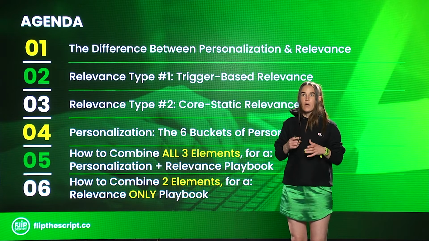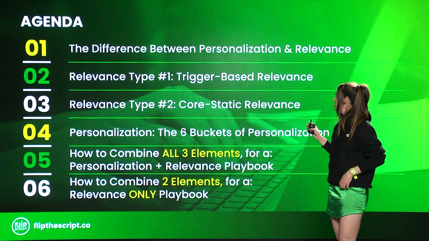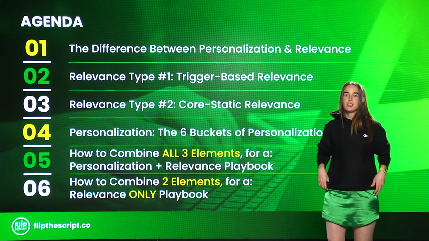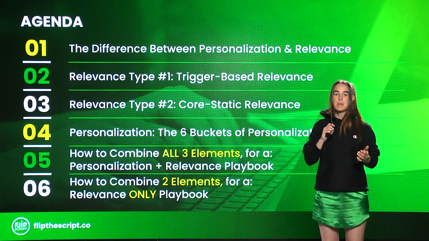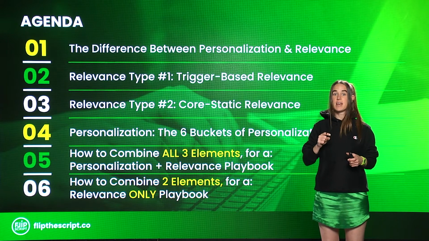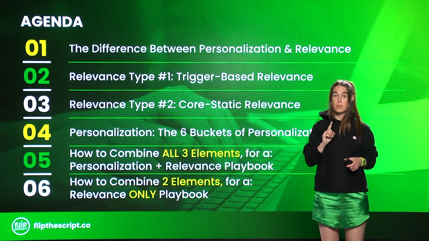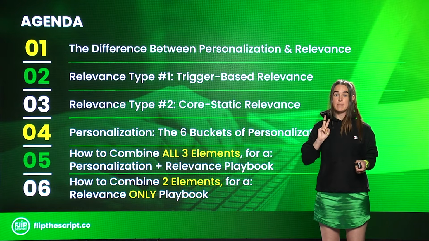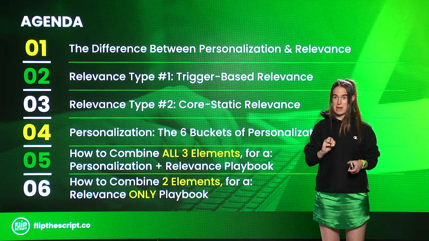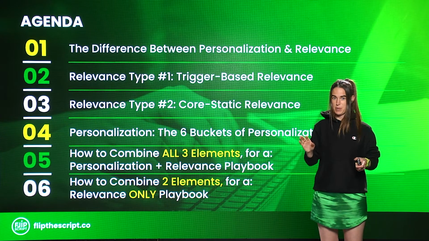So today, I wanted to start by setting a bit of an agenda. The first thing we're going to go into is the difference between personalization and relevance. Piece 2, we're going to go into relevance type number 1, which is trigger-based relevance, or relevance based on movement. Number 3, we're going to go into relevance type 2, which is core static relevance, which is not based on movement.